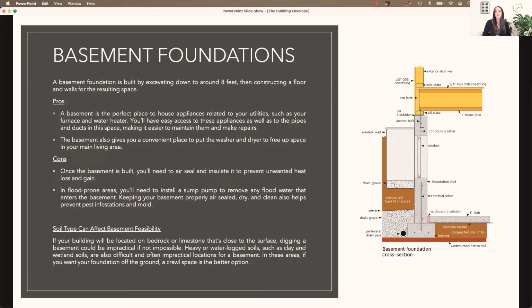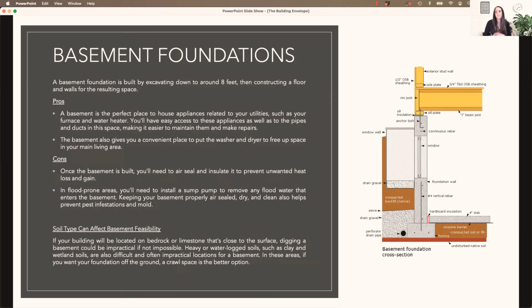And in flood-prone areas, they need to install a sump pump in the basement in case there is a flood. That helps get water out. Again, water is really bad for buildings and construction, so we're always looking for best practices to keep things dry.